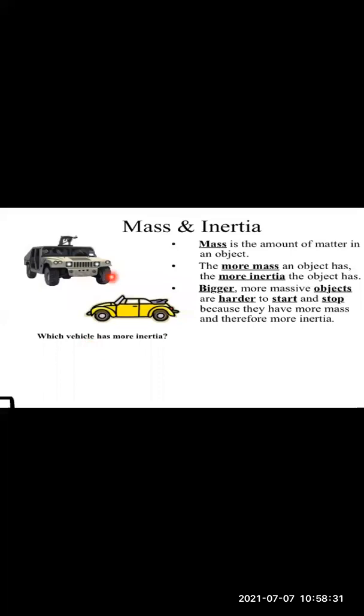But at the same time, if you try to stop this heavy vehicle, it won't stop that easily and within that meager time. This is the difference between mass and inertia. Mass is the amount of matter, whereas inertia is the resistance that would be offered by the object. Okay?